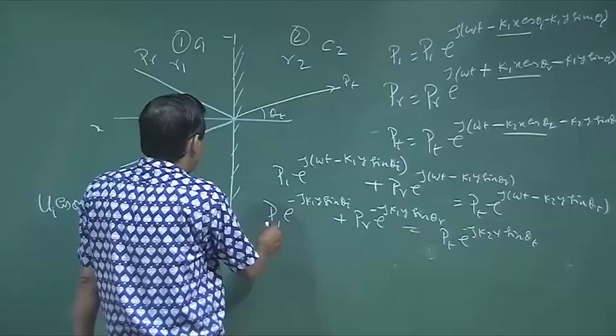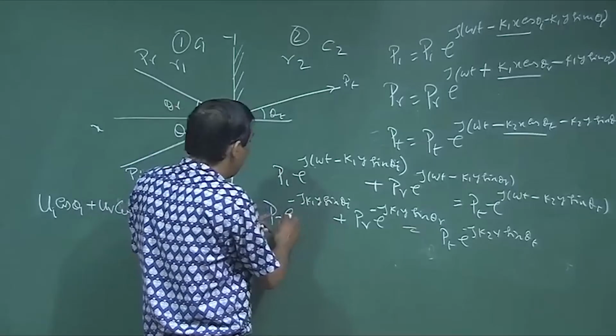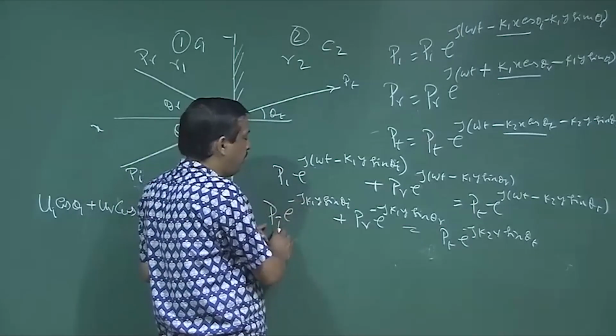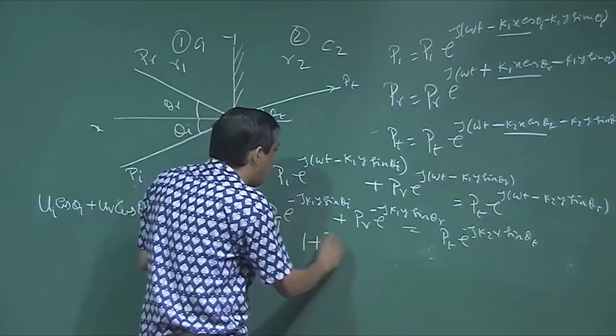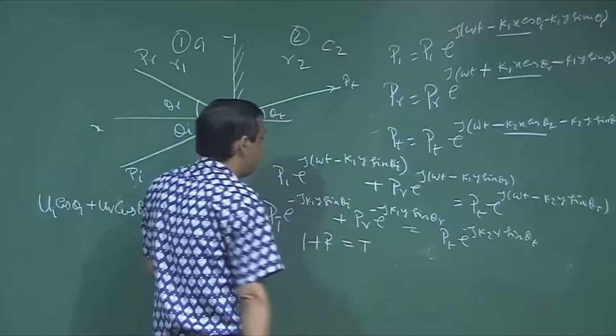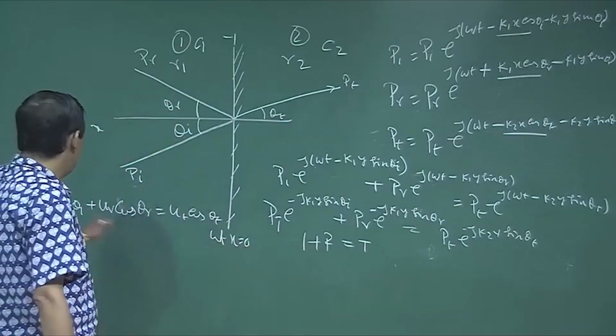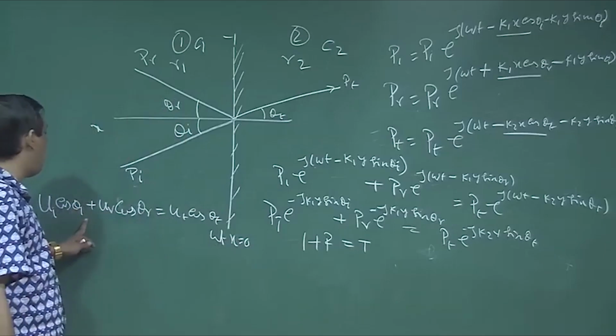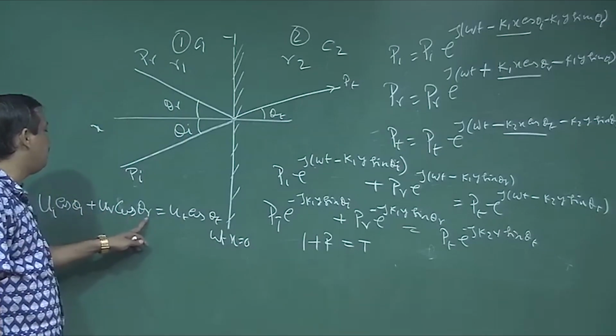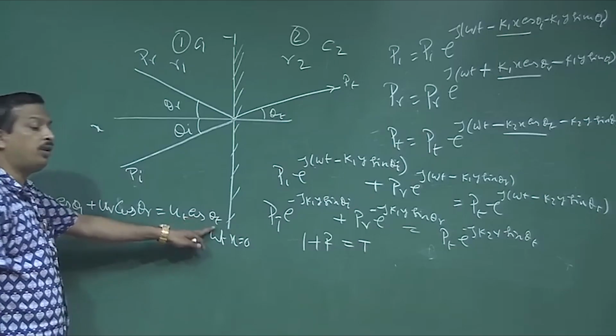Now, if I divide by the incident wave pressure, I get 1 plus r is equal to t. And here, ui cos theta i plus ur cos theta r is equal to ut cos theta t.